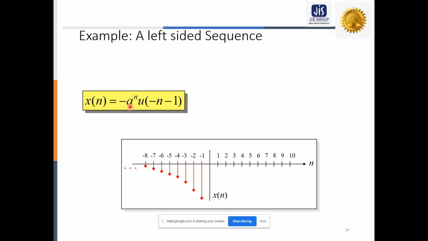And this u[minus n minus 1] represents the unit step sequence having value for n less than 0, and for n greater than or equal to 0 it has value 0. That's why it is multiplied with u[minus n minus 1].